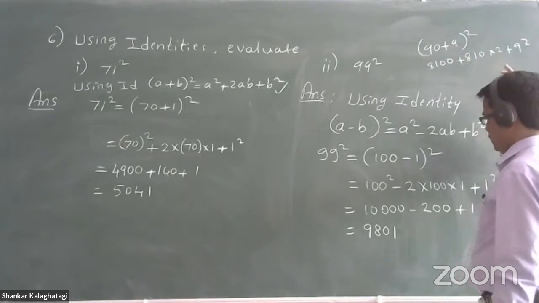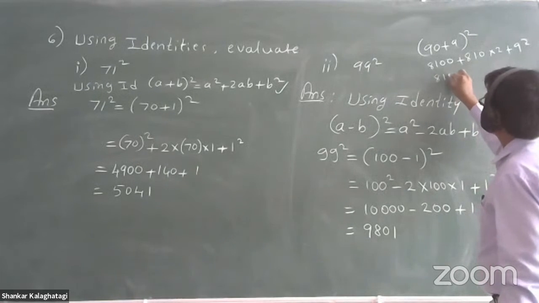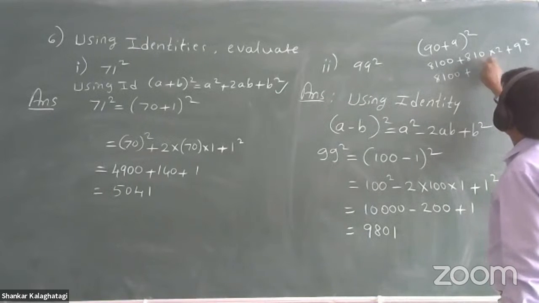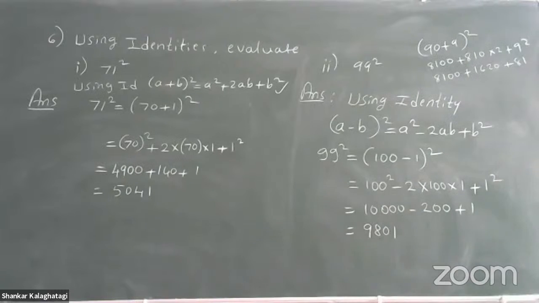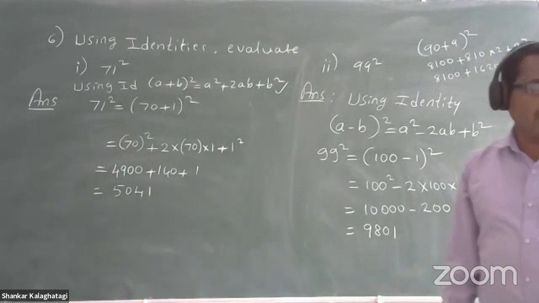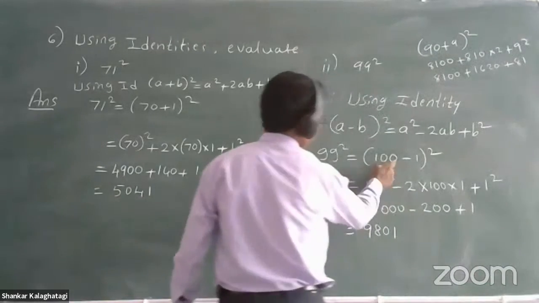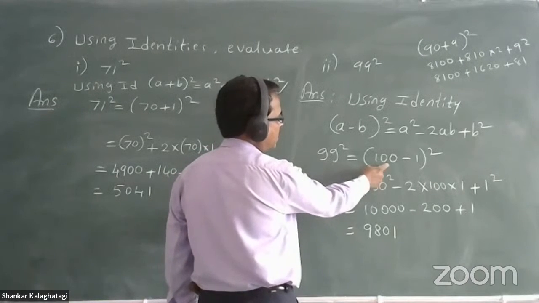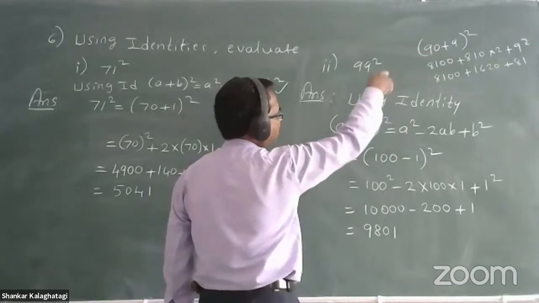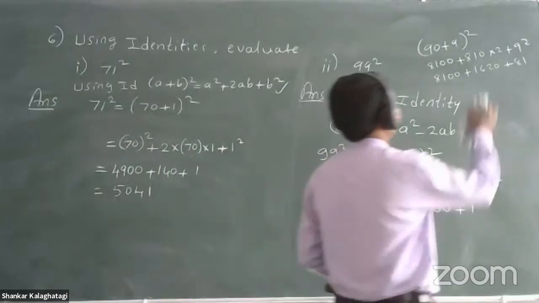Altogether, this much only comes. But why do we use identity? We use identity to make it easy. If a round figure comes, multiplication becomes easy. Square of 100 is easy instead of 90. You can use both, no problem.